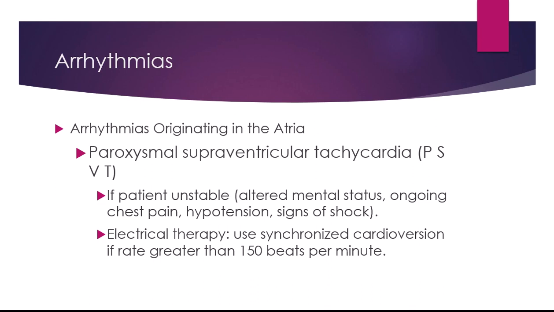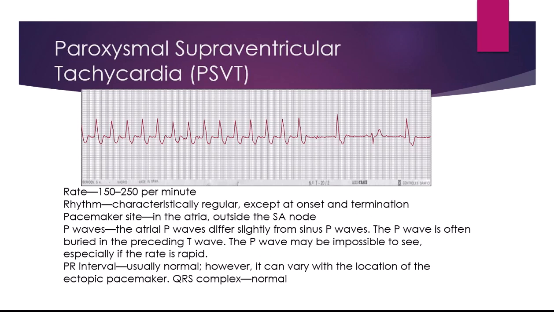For example, my chest just kind of bothers me a little bit. I can just kind of feel it fluttering in my chest. That's a stable patient. If his blood pressure looks fine, his heart rate may be 160, but that's the reason it feels like his chest is fluttering a little bit, okay? Now, if we've got a patient that is unstable, we have two options. We can either go pharmacological with a drug called adenosine, or we can go electrical with a synchronized cardioversion, which we'll talk about in just a moment.